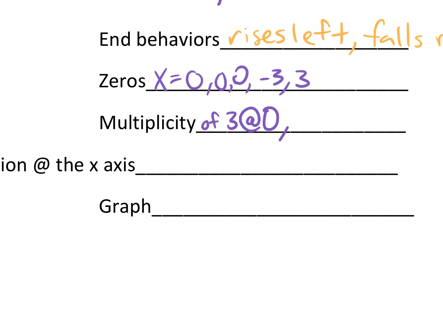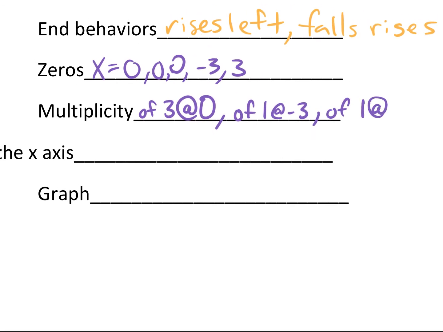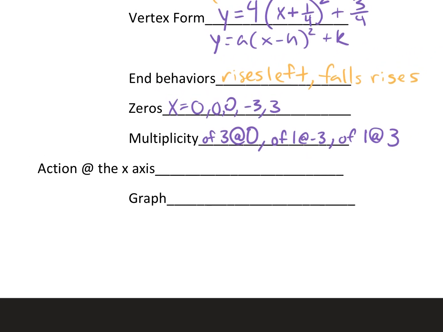And then I have a multiplicity of 1 at negative 3 and a multiplicity of 1 at 3. Just to rewrite it, or can you put multiplicity of 1 at negative 3 and 3? That's fine. So for the zeros, you want to list it as x equals.